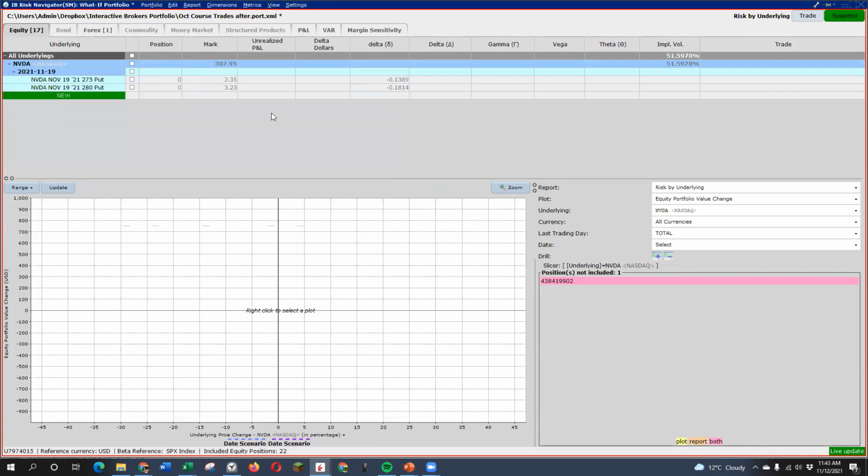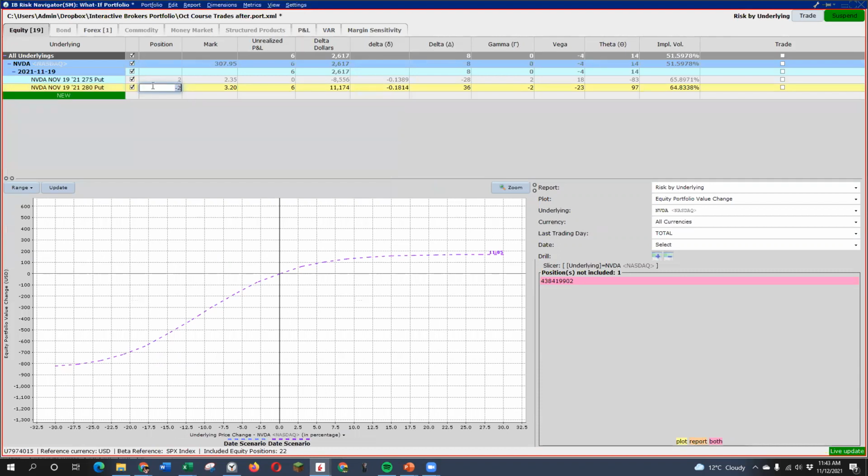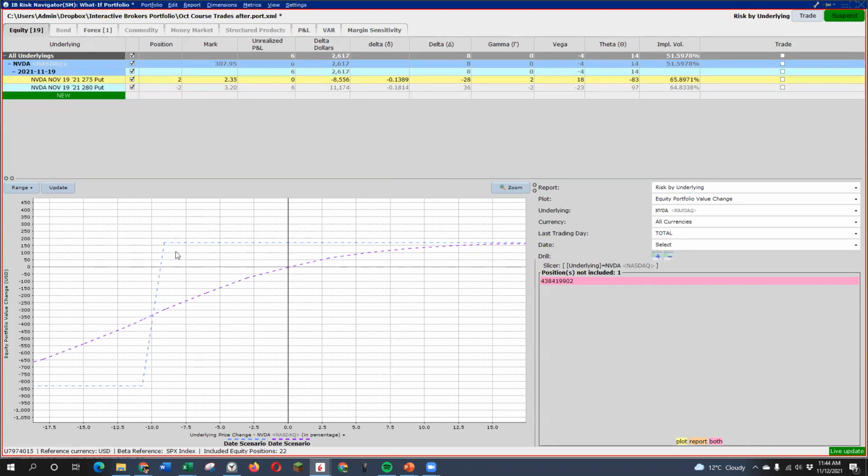Get rid of those other ones. So we sell that one that's outside the expected range, and we buy that one as our protective leg. And what's our expiration date? November 19th. So now we've got a bull put spread that's placed outside the expected range and is bullish.